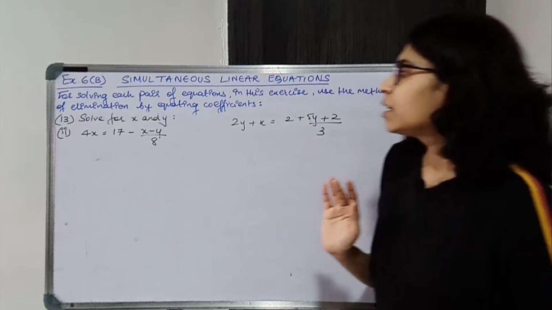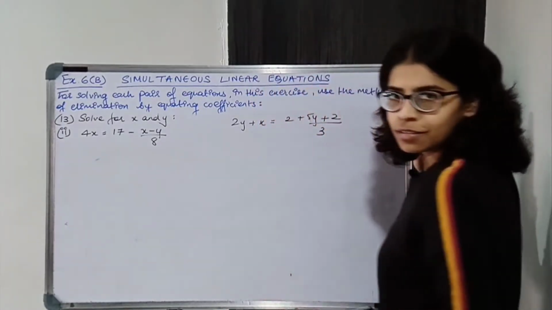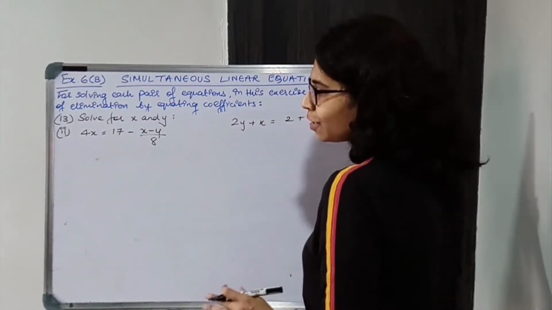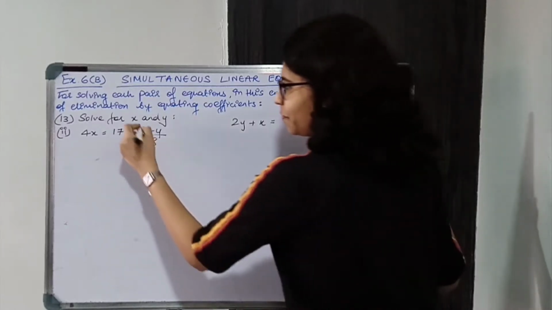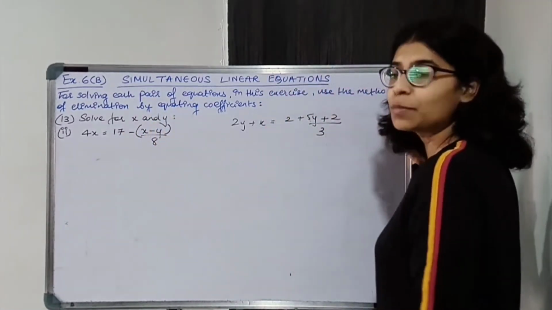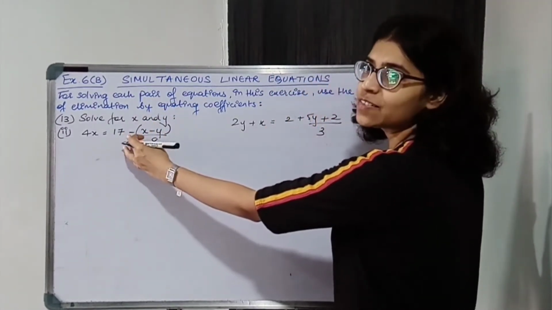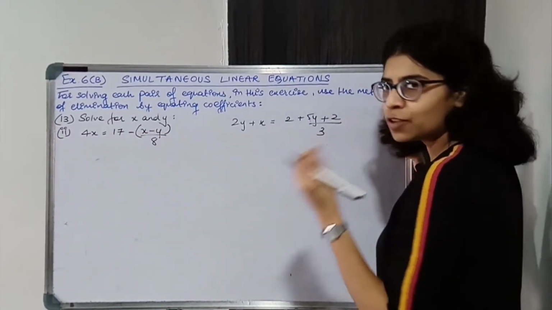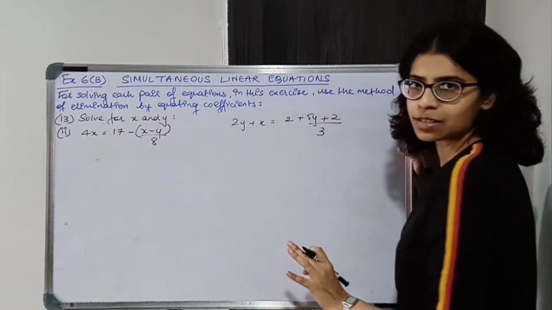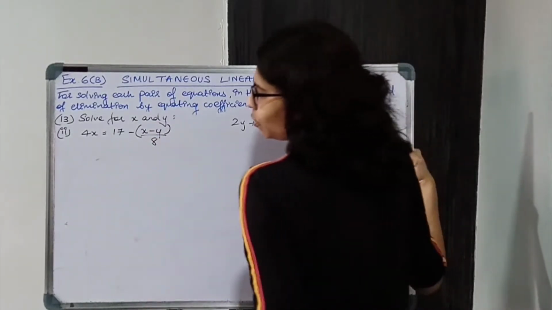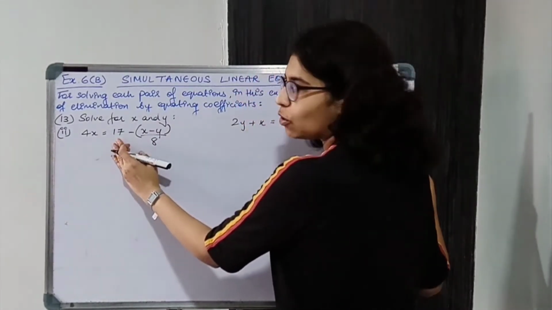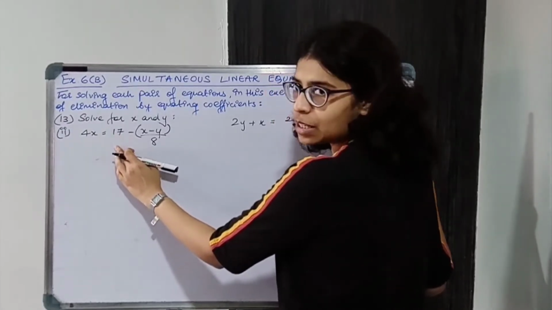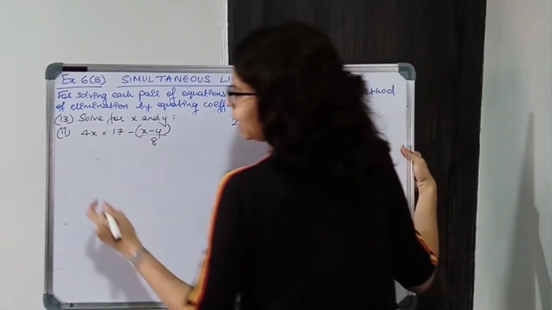Okay, now over here the first equation we'll solve, but the first thing, put brackets because here you have a negative sign. Okay, so here the signs will change. So first thing, put brackets. Okay, now we'll solve. So RHS we need to solve first. Here we equalize the denominators, so we'll multiply and divide by 8.